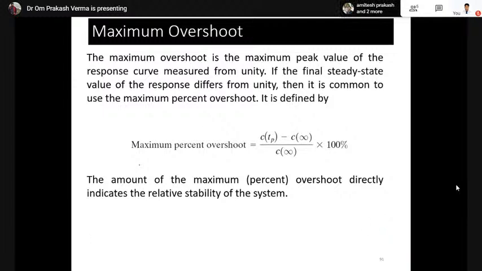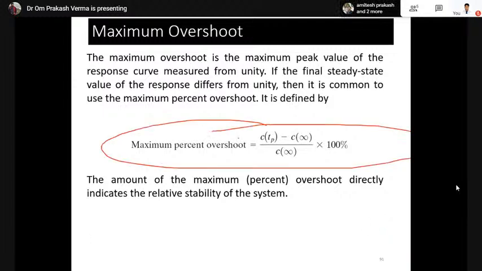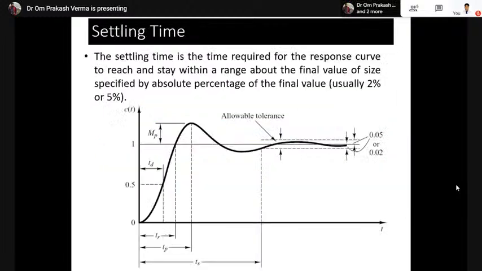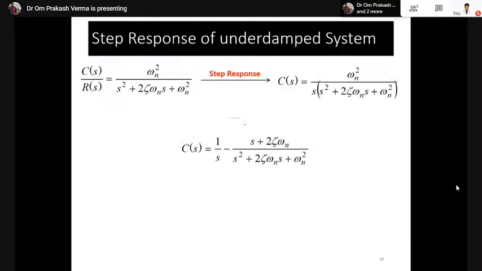Right. So next is the maximum overshoot. The formula for the maximum overshoot is c(tp) minus c(infinity), divided by c(infinity). I have already defined the tolerance value, usually 2% or 5%, which is the standard allowable tolerance. Now the step response comes.